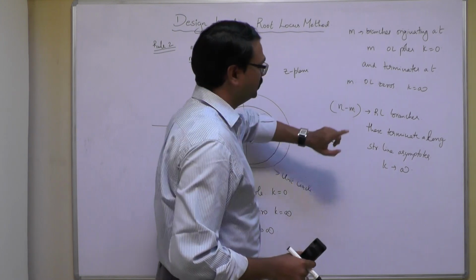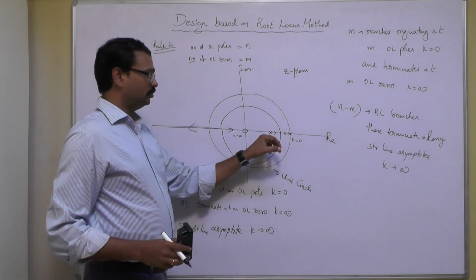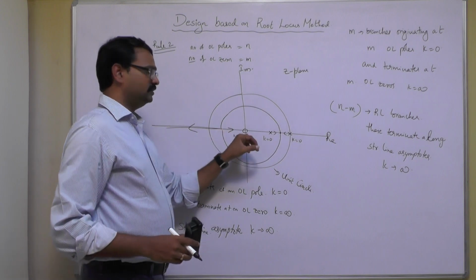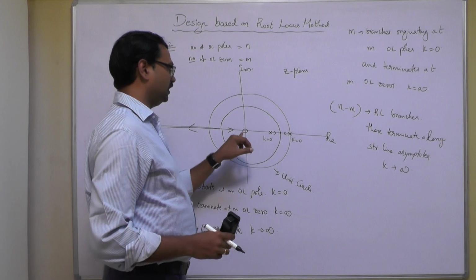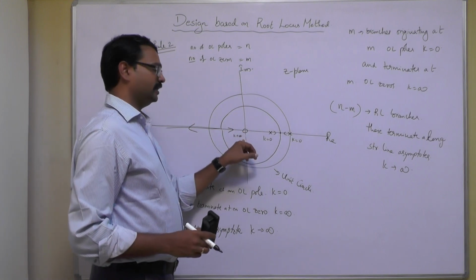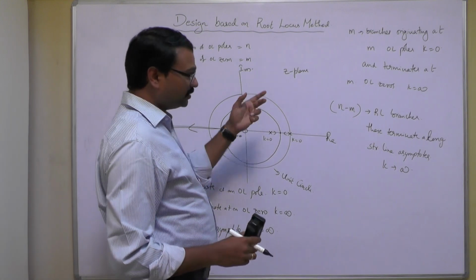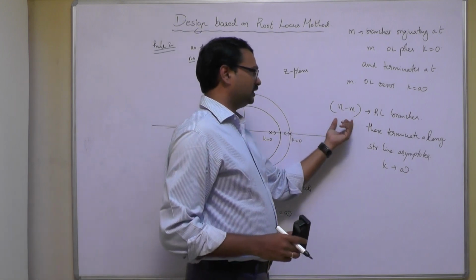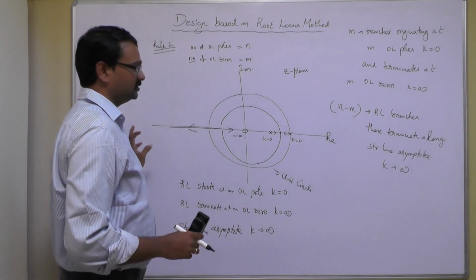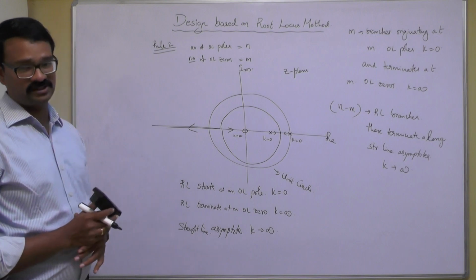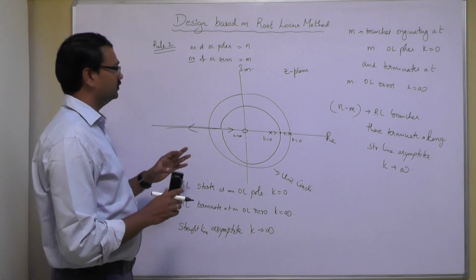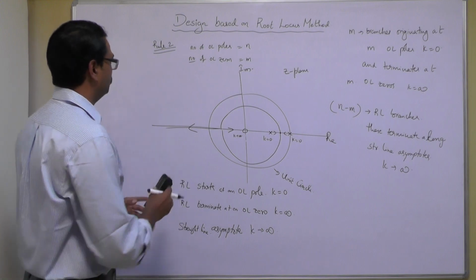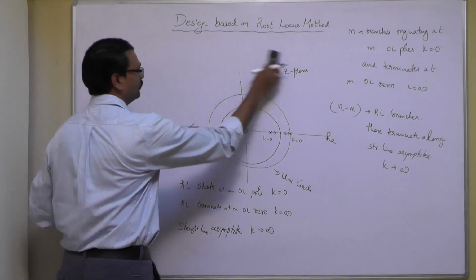There is one branch originating at an open loop pole and terminating at an open loop zero. At the pole k is 0 and at the zero k is infinity. The remaining n minus m branches terminate along straight line asymptotes. This is rule 2 of the root locus method. Hope this is understood. Now we shall go into the next part, rule 3.